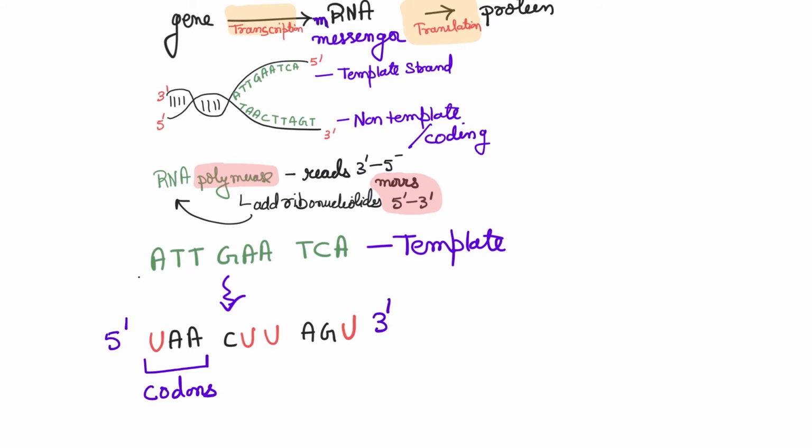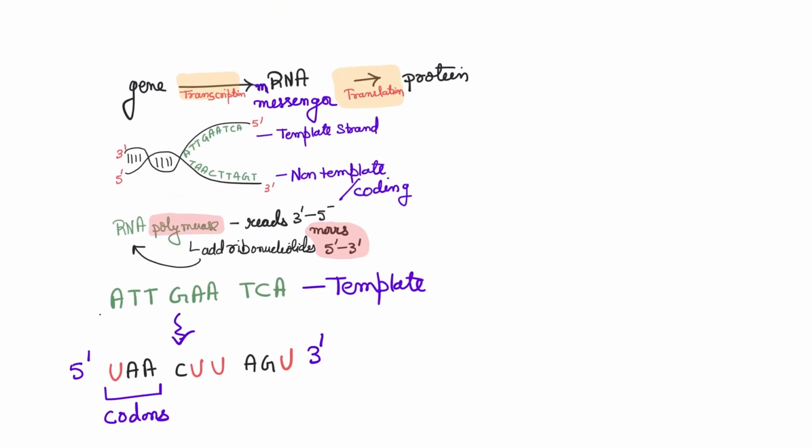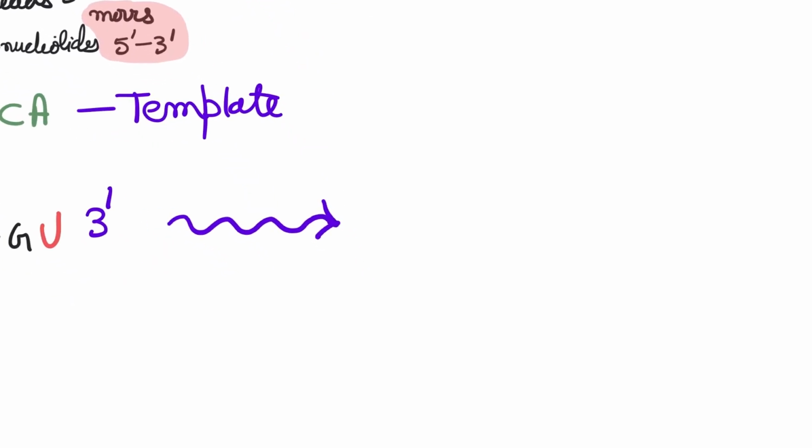Now, this mRNA is read in forms of three. This triplet is called a codon because each codon will stand for a particular amino acid. That is the next step, that's translation.